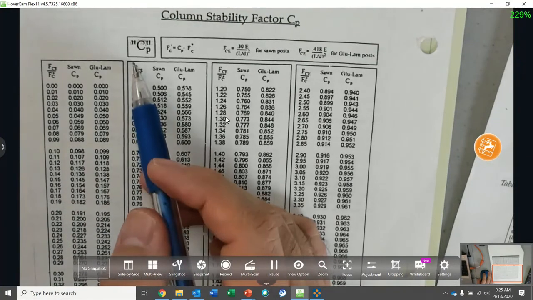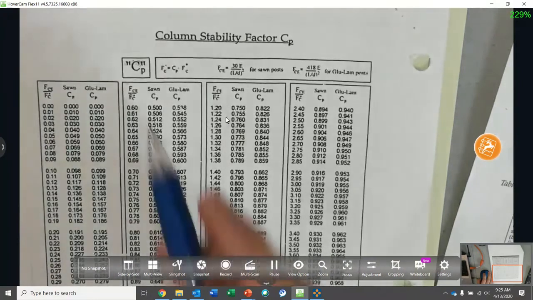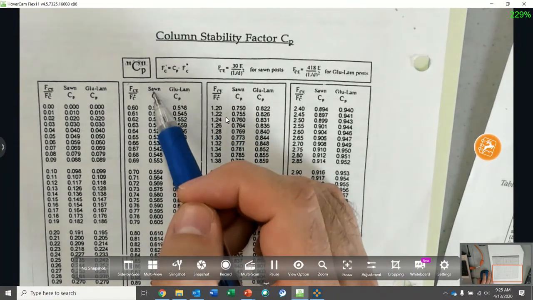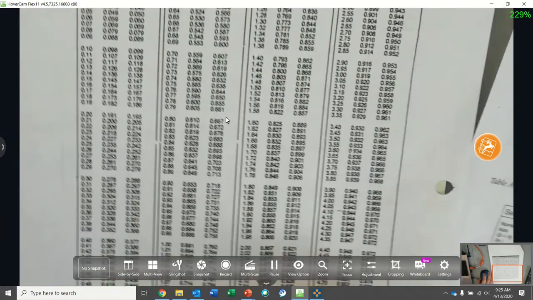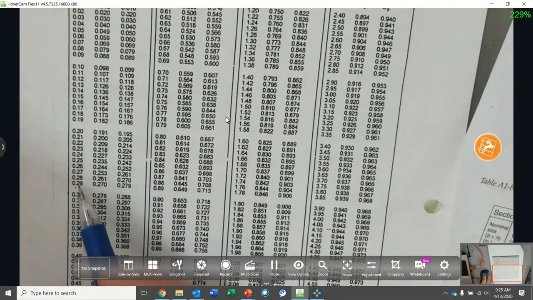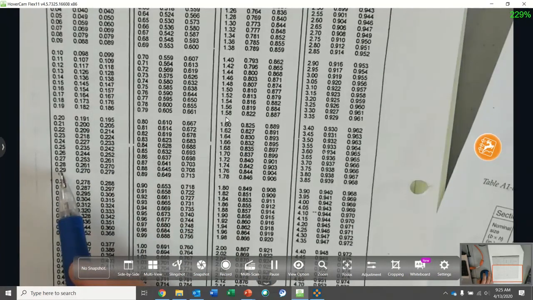Here's the CP value. There are 2 different columns: sawn and glulam. We're in the sawn column. Now we have to find 0.290. If we have to, we can interpolate between, or you just figure out over time which one is the worst case scenario.